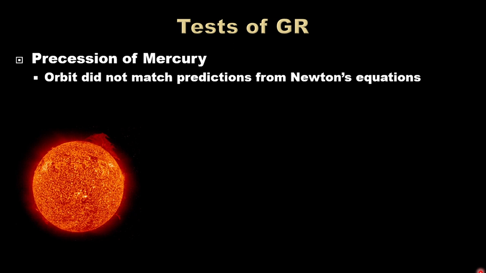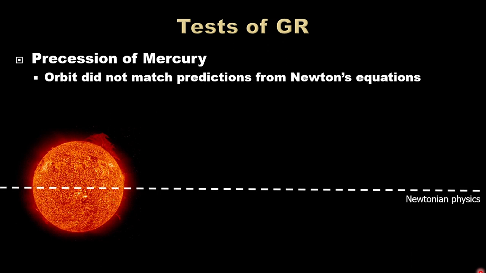The other problem planet was Mercury, and Mercury's orbit simply did not quite match what Newton's equations predicted for it. So imagine this line is representing the predictions that Newtonian physics makes, and for Newton, space, remember, is absolute.